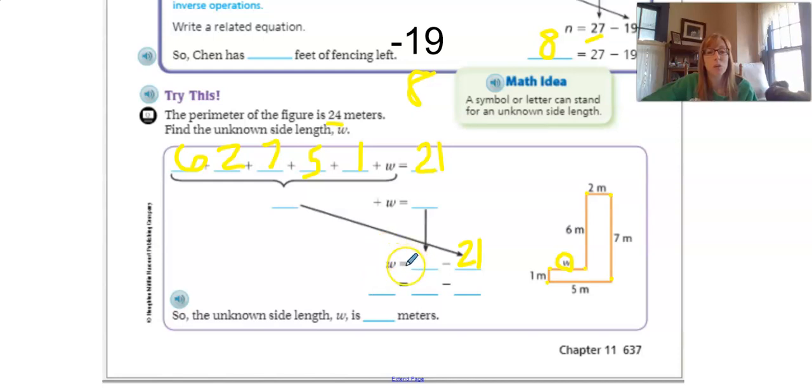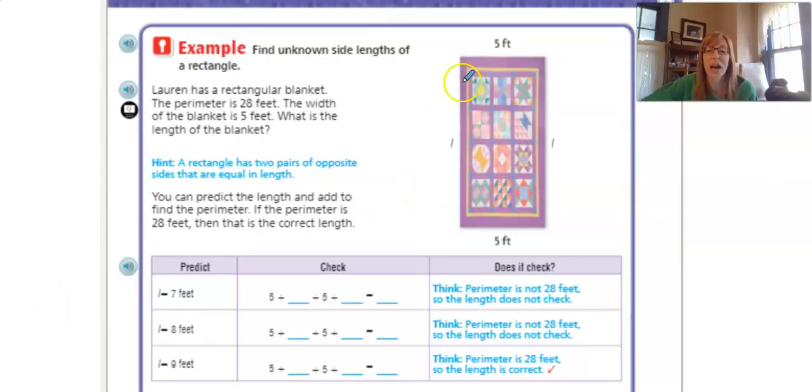So W equals 24 minus the 21. What did you guys come up with? 3 meters. All right, very good. We're going to keep on going. You guys are doing algebra and you're doing a fantastic job.